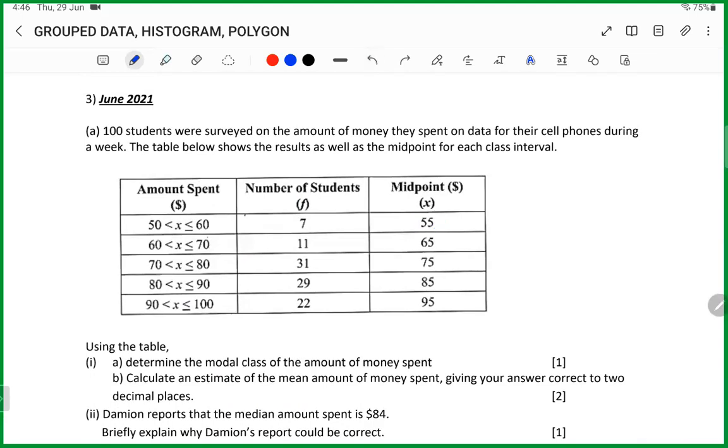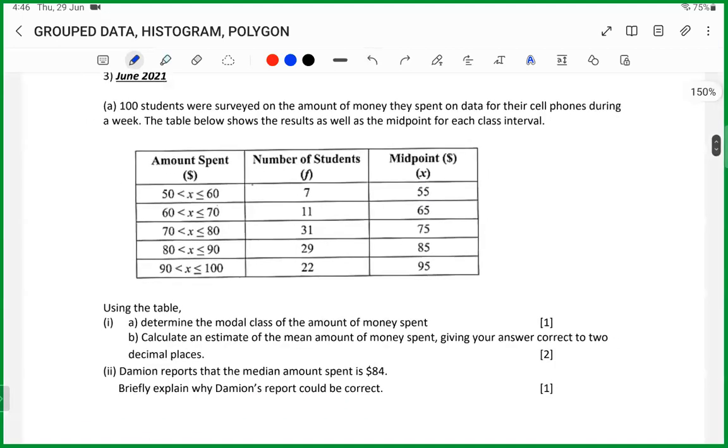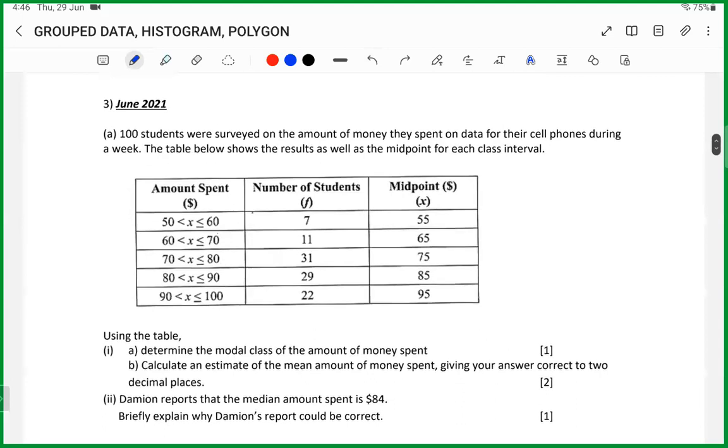But if they give you the values like this and you're seeing overlap, these numbers are not limits, they are boundaries. Whichever, they give you the midpoints anyway. And then we did look at finding median as well, so you could try that one for homework. Let me write that down. Question 3, this is the June 2021. That is to do for homework.